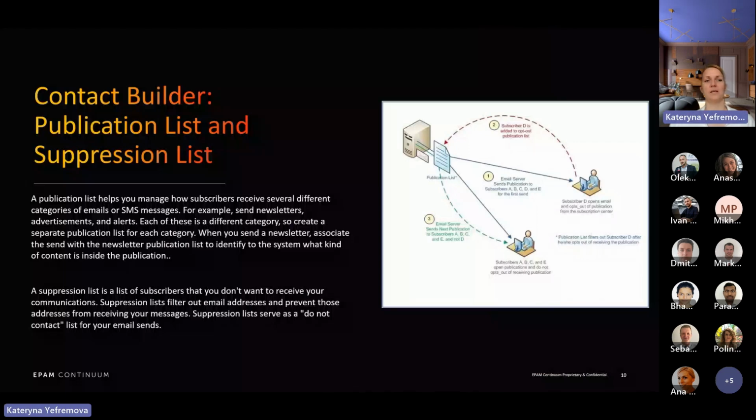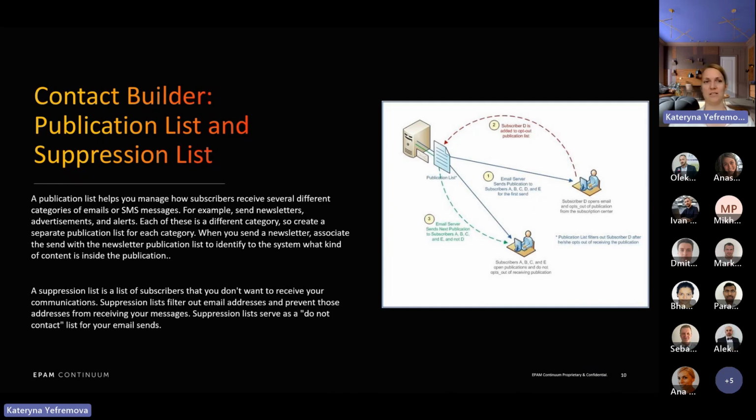And for sure, if we have emails or information about our competitors, we could also put all our competitors in the suppression list. So they would never get any communications, because most likely companies don't want to do that.